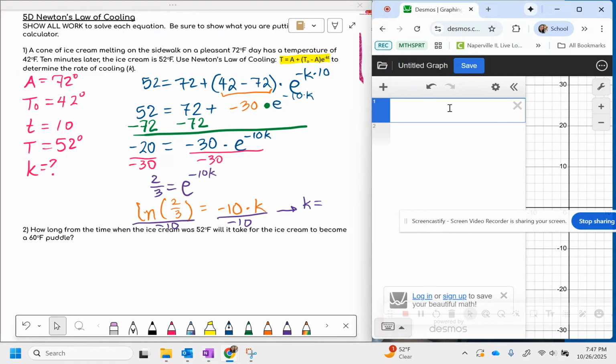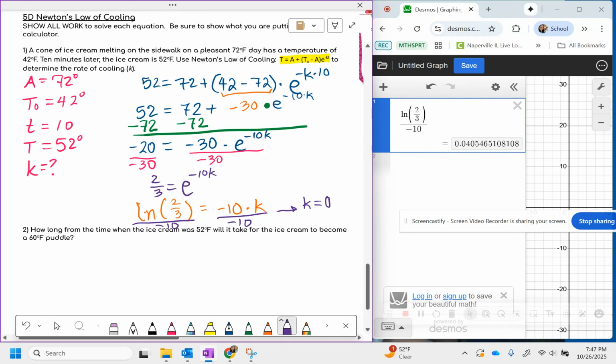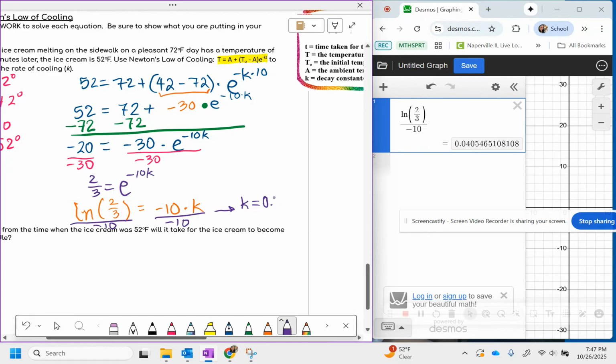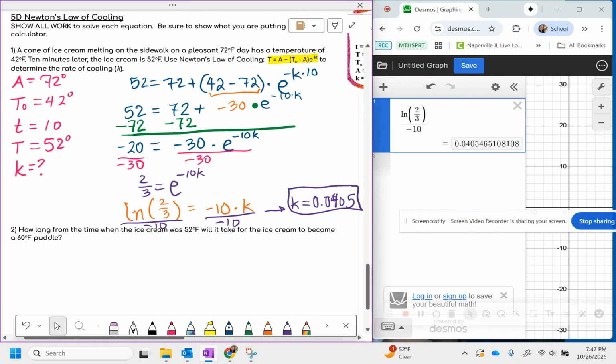So I will say the ln of 2/3 all divided by negative 10 gives me a k of 0.0405. After the 5 is another 4, so I will keep it 0.0405. That is my k value. And then I would use that k for the next problem.